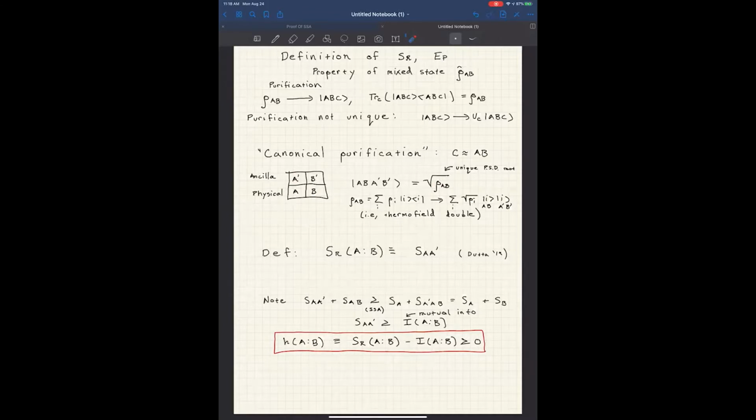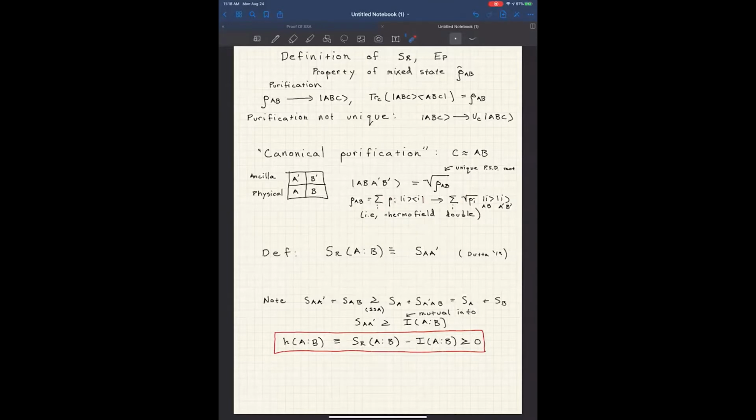To define how that would work for some finite dimensional qubit density matrix, if you start out with a density matrix, which without loss of generality we can diagonalize, then this canonical purification just amounts to taking this bra and turning it into a ket in the double-sided Hilbert space, and then taking the square root of the entries. If I'd started out with a thermal state where the p_i is the Boltzmann distribution, this is a very familiar construction. This is just the thermofield double state.